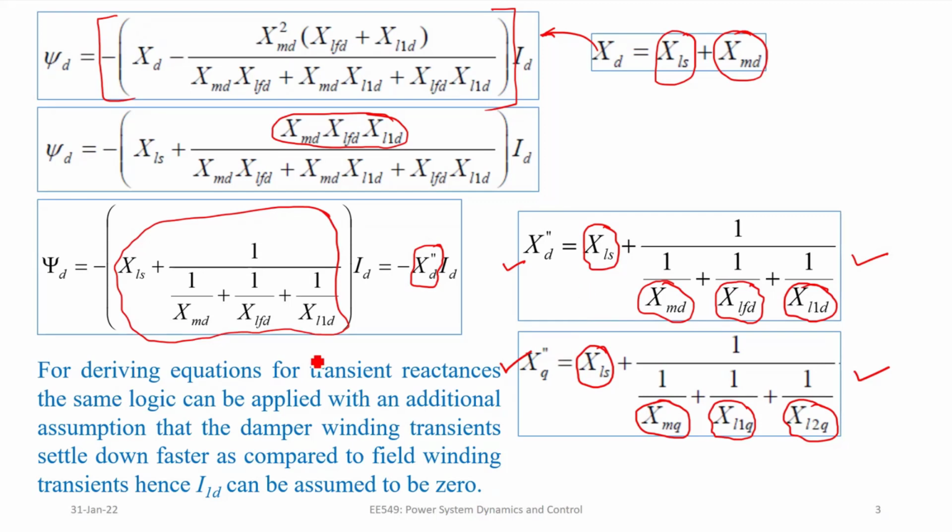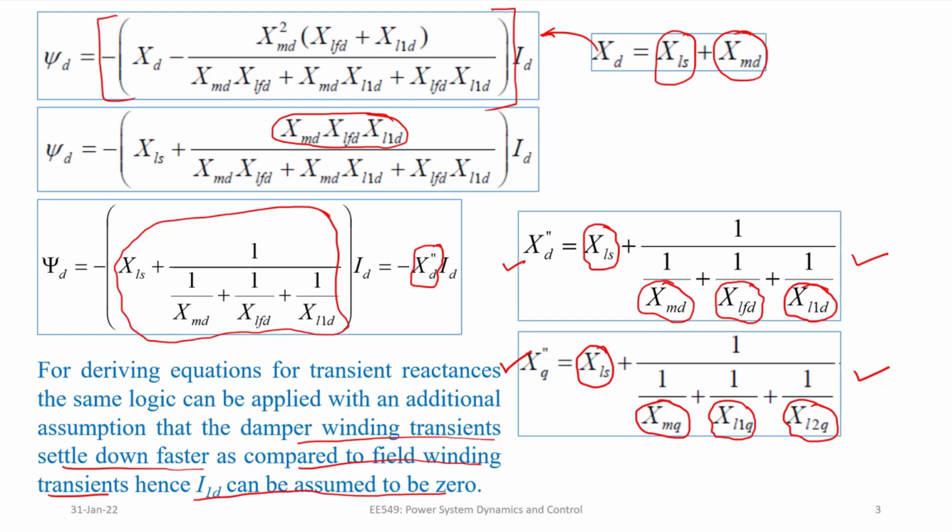These are the subtransient reactances. For deriving the transient reactances, the same logic we can apply with an additional assumption that the damper winding transients settle down faster as compared to the field winding transients. Hence, I1D can be assumed to be 0.